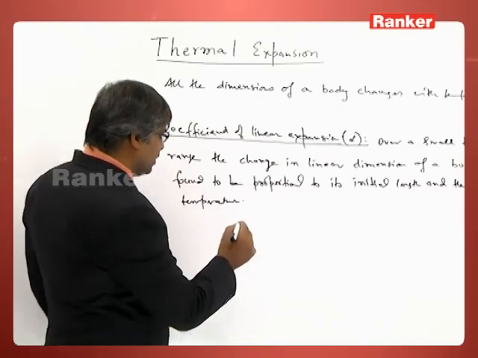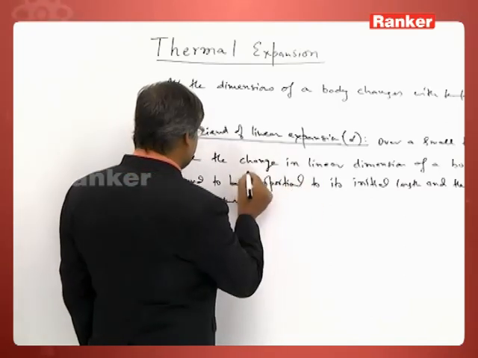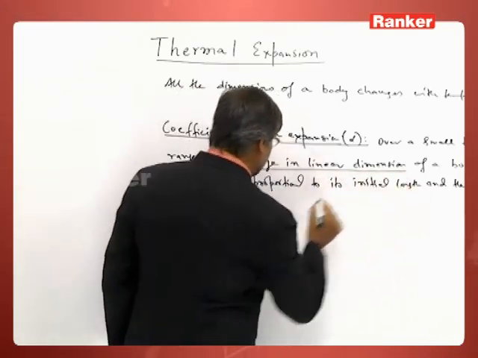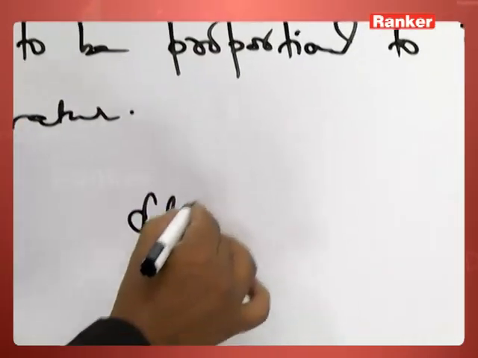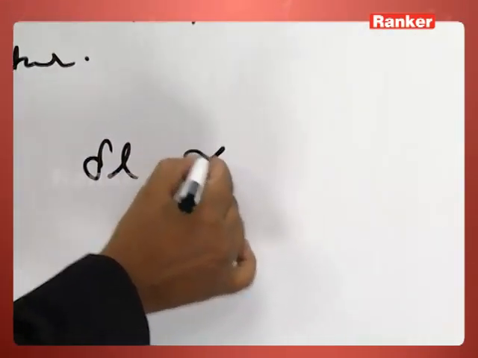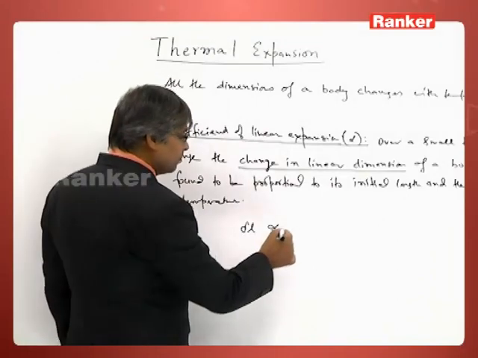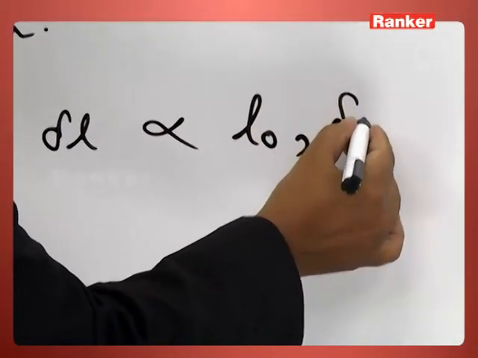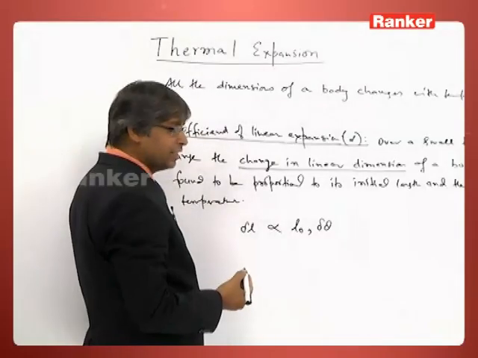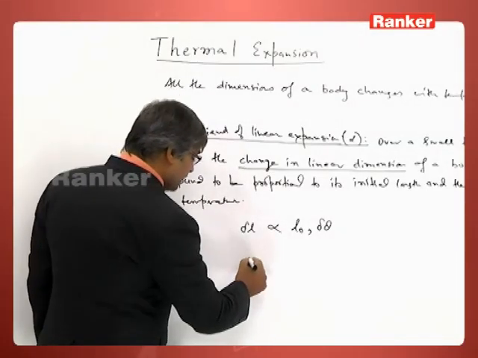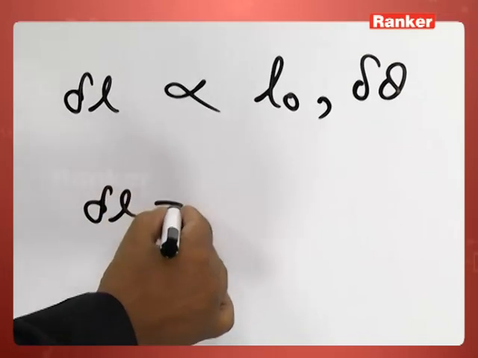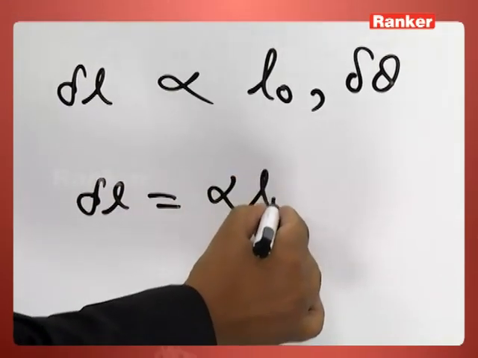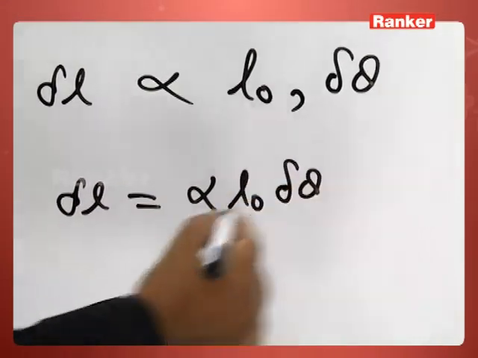So, let us denote this change in linear dimension as delta L. Delta L is found to be proportional to its initial length L naught and delta theta, where theta is the rise in temperature. So, we can say delta L is equal to alpha L naught delta theta.